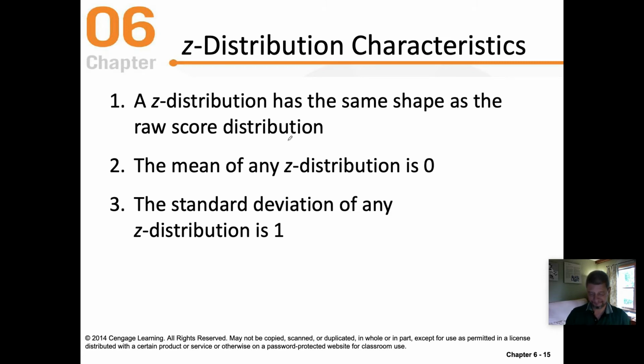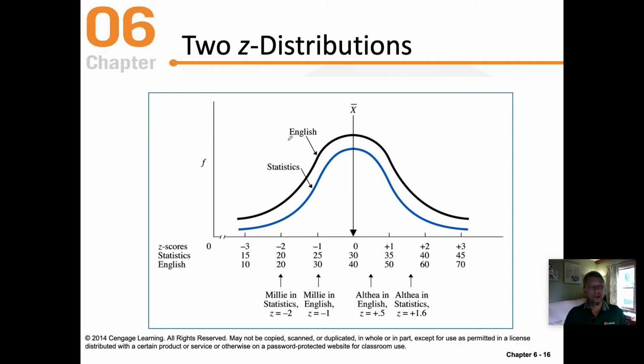All right. Now, let's have a look at 2 different z distributions that are shown on the same set of axes. These are scores of a high school class in both statistics and in English. So the same kids are taking English as are taking this statistics course.